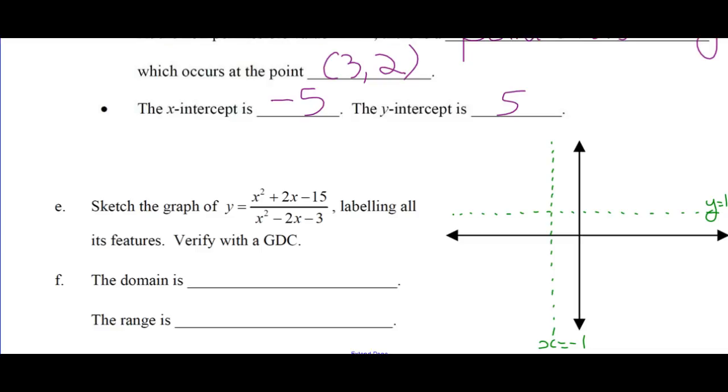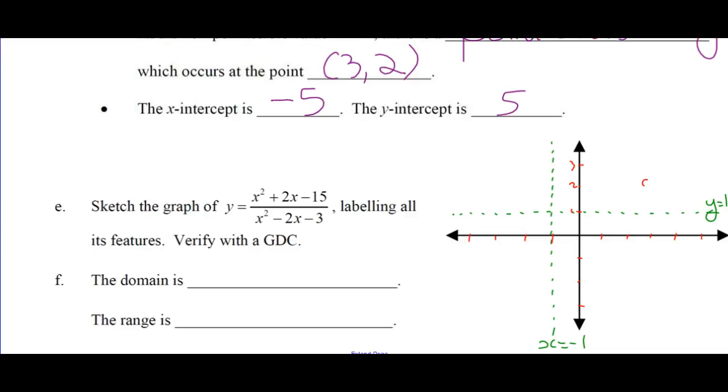So let's throw in a little scale here. I guess that becomes 1. Okay, so I've got some points on there.